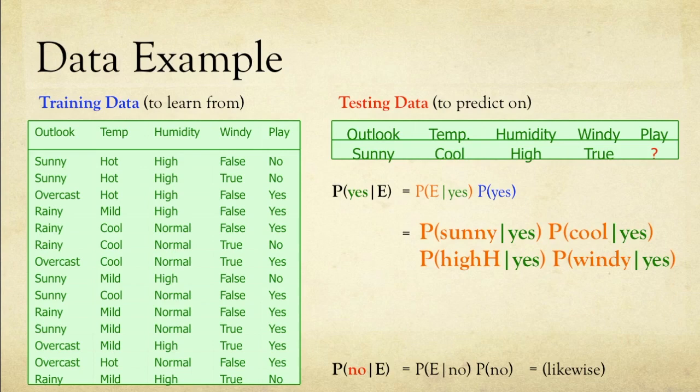And so the overall evidence probability can be computed by the multiplication of these individual probabilities if we take the independence assumption. And then finally, of course, times P(yes), which is already in the formula. So this is our final model. And we can do the same for P(no given E), exactly the same idea.